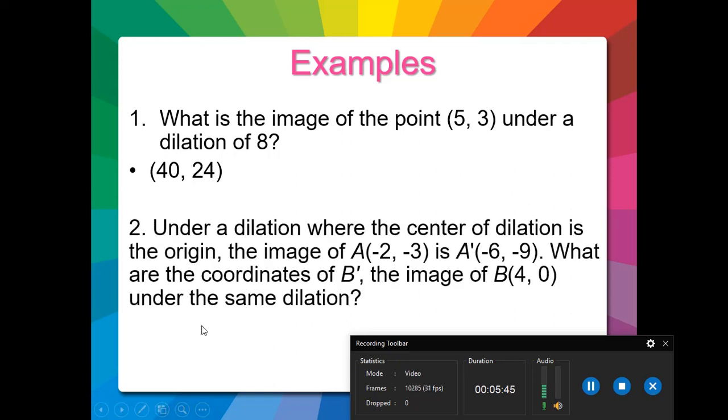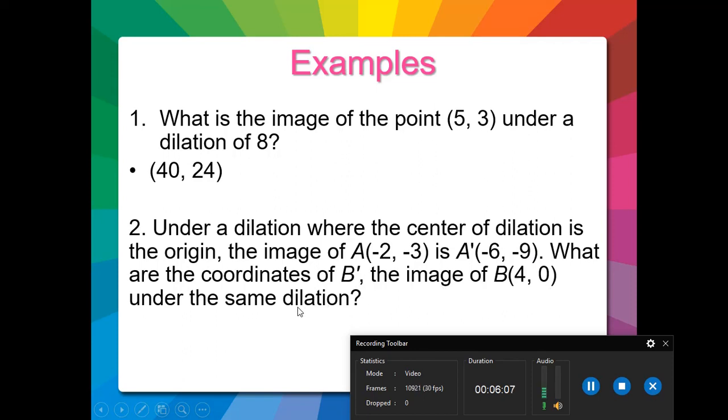Number 2, under a dilation where the center of dilation is the origin. You don't have to do anything different. That just confirms that this multiplication rule is appropriate. The image of A at (-2, -3) is A prime (-6, -9). What are the coordinates of B prime, the image of B at (4, 0) under the same dilation?